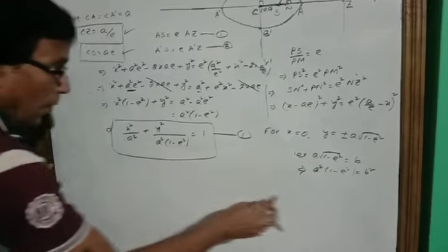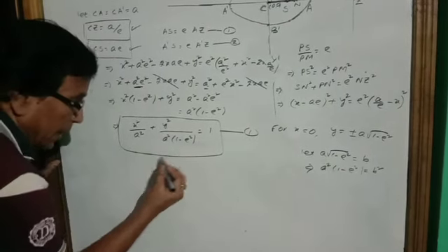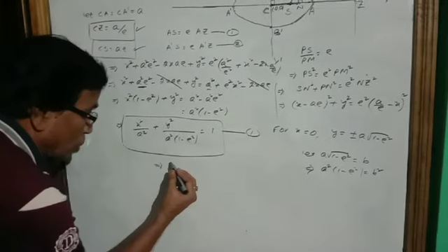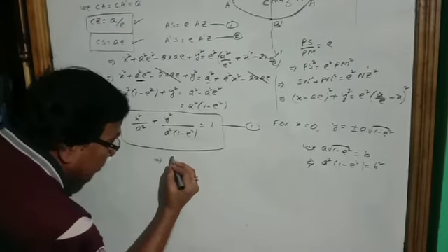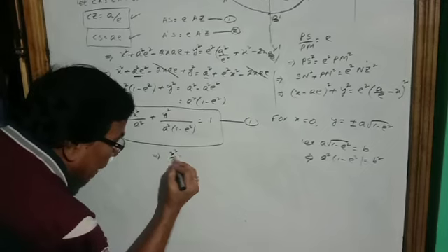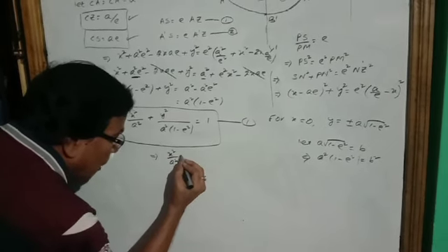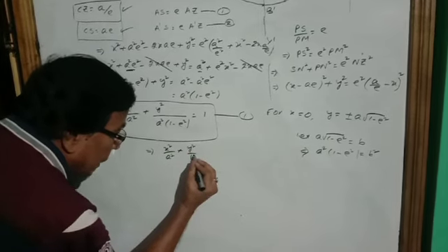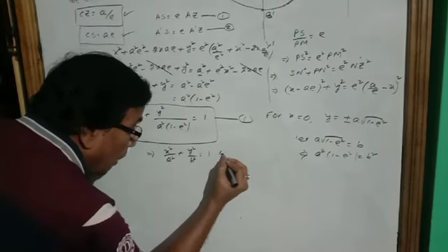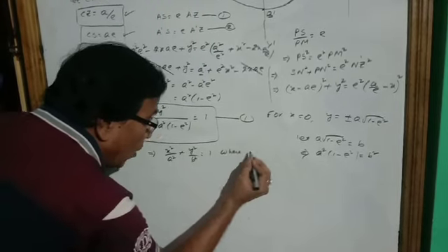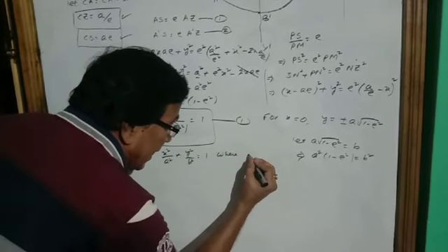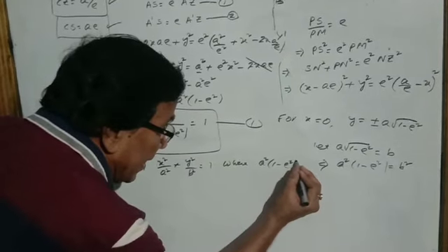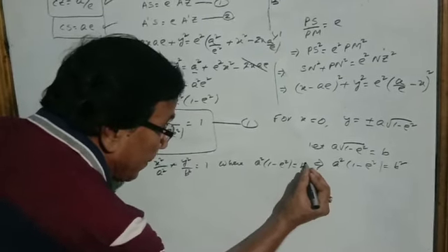Now, in place of a square into 1 minus e square, we can substitute b square. So the equation of the ellipse becomes x square by a square plus y square by b square is equal to 1, where a square into 1 minus e square is equal to b square.